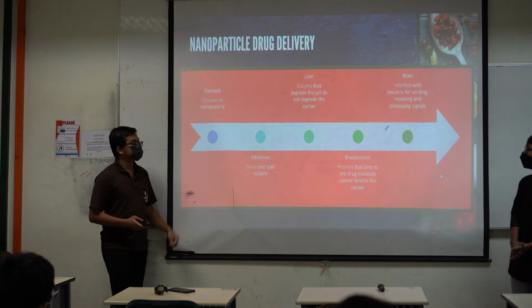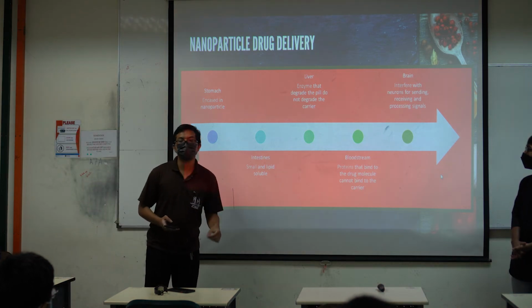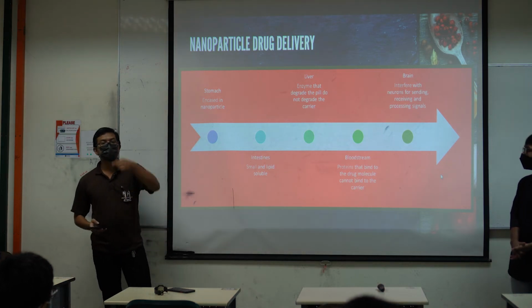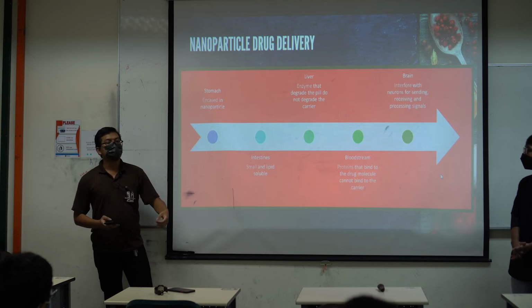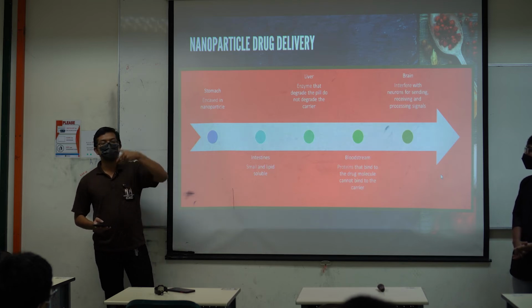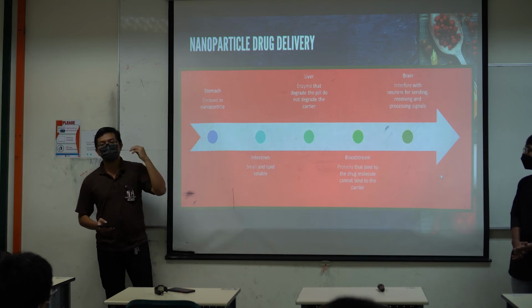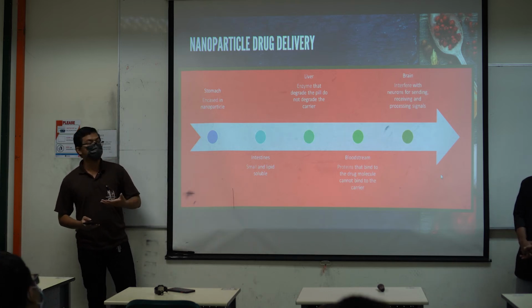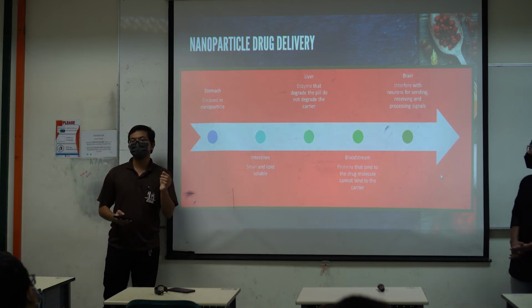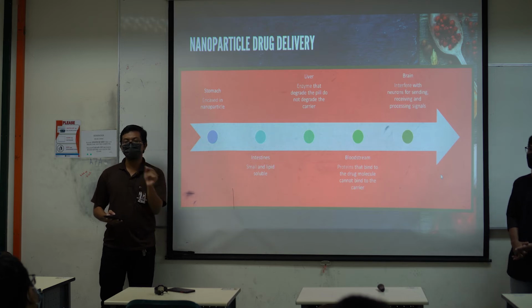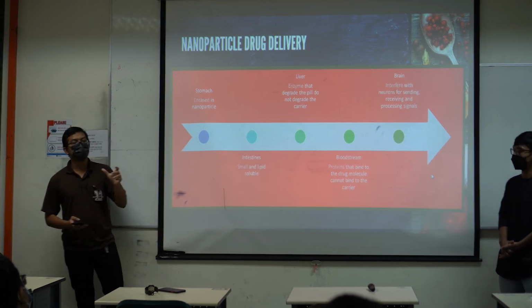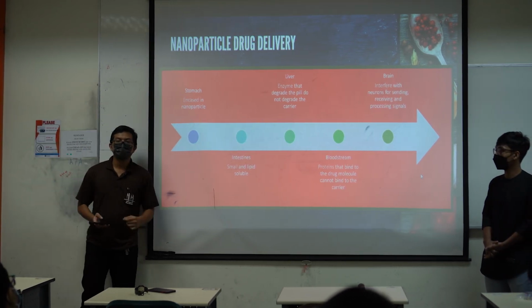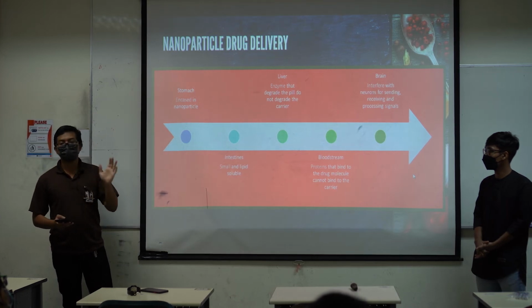Okay, so before, without nanoparticles, when we eat the pill, it degrades when it passes through our body to the brain. In our stomach, we have a very strong acid, hydrochloric acid, and it can degrade the pill easily and only leave some of it to the next stage. In the nanoparticle carrier, it is safe in the case and won't be degraded at all.